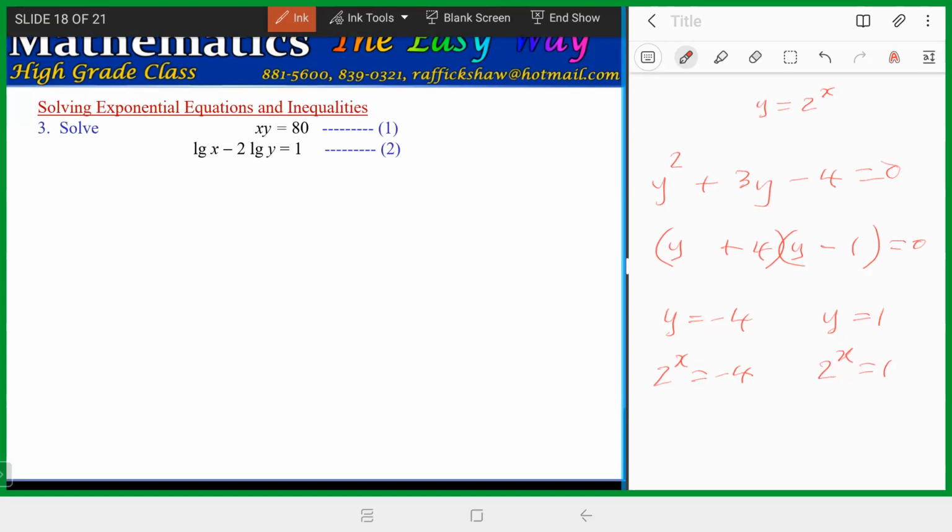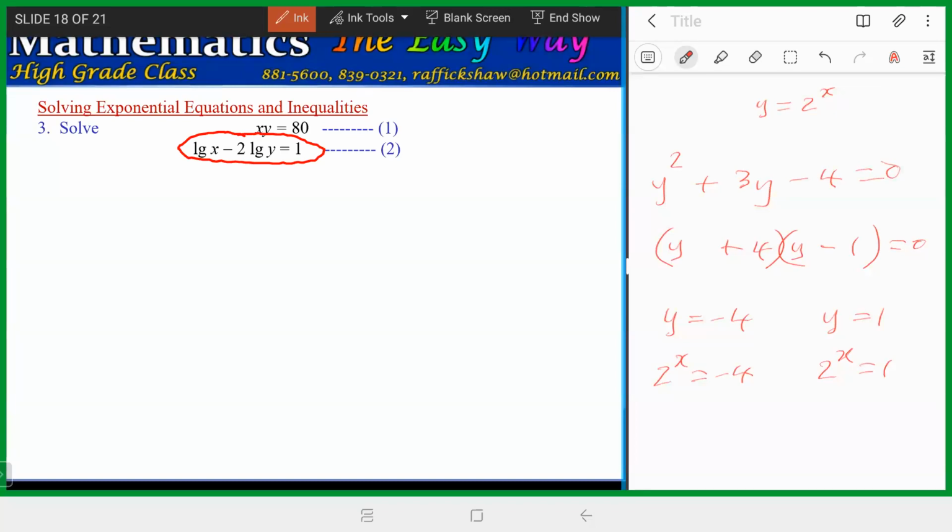Anytime you have any log expression to simplify or any log equation to solve, you are aiming to do one of 2 things. You want to bring it down so that you can use the definition of what a log is: log of a number is equal to a power. You can go from logs to indices and indices to logs.